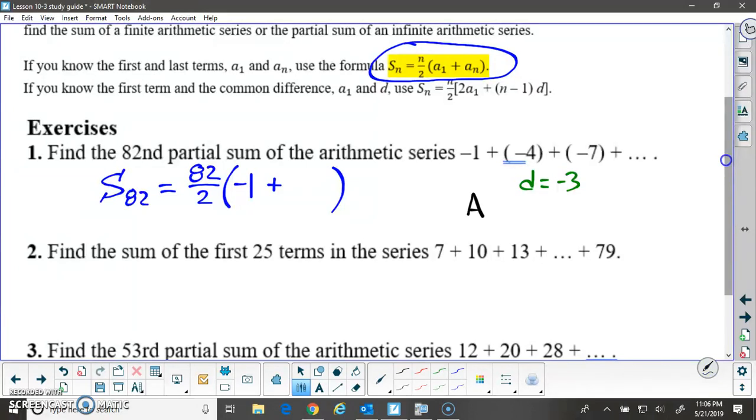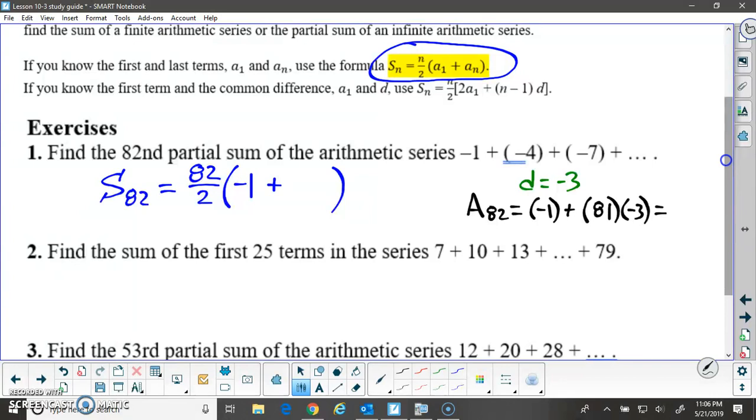So A sub 82 would be equal to the first term, -1, plus n minus 1, which would be 81, and then you can see the common difference is -3.